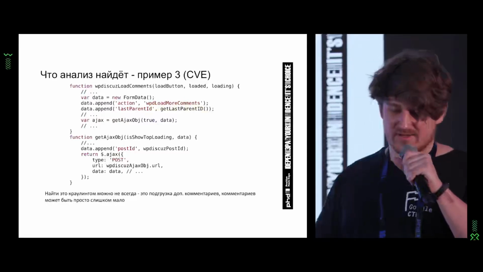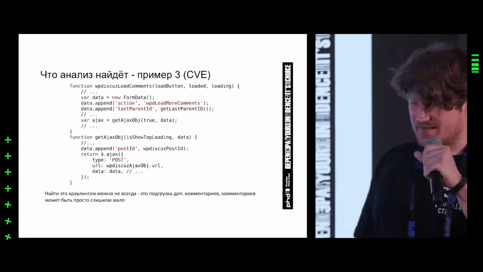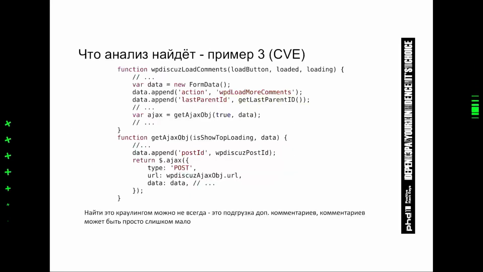And just a very brief example, not too unique. A WordPress plugin, the CVE thing. So two functions here. The second one is called from the first one. Get objects obj is called from the previous function. So it downloads additional comments onto the page.